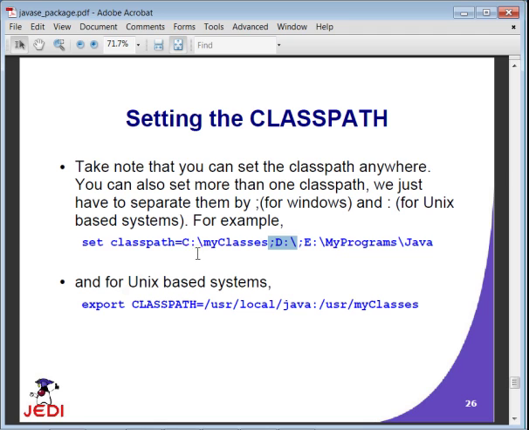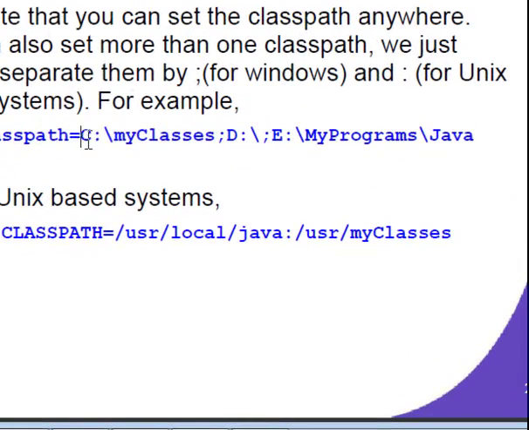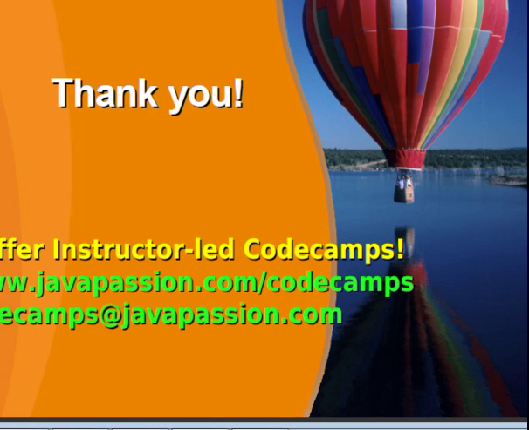What I'm saying here is that my classes could be in this directory or this directory or this directory. The Java runtime will search for the class it's looking for one by one, from here first, then here, and then here.